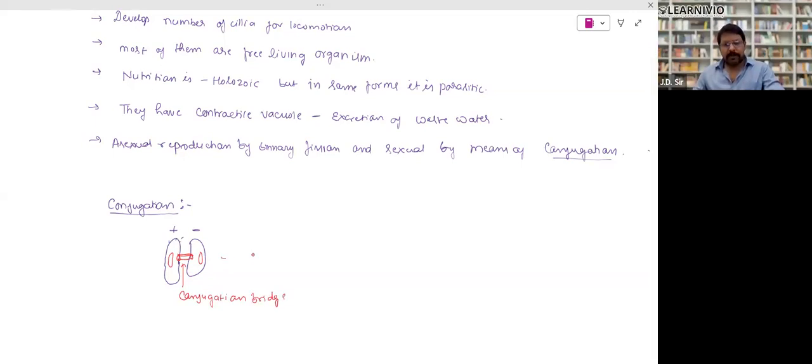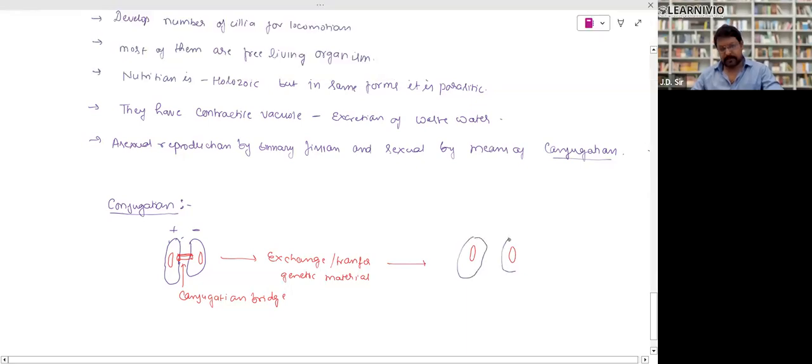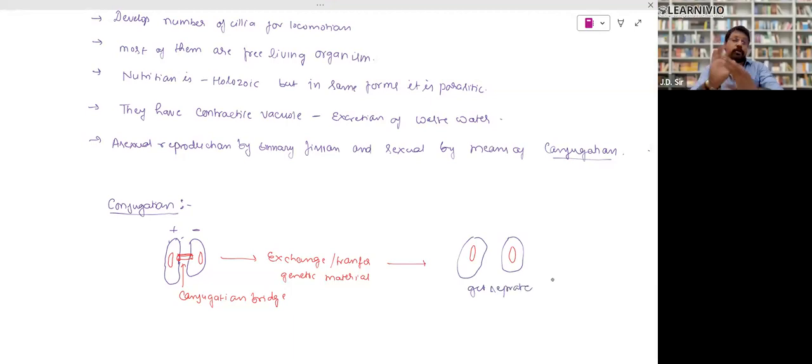With the help of the conjugation bridge, they exchange or transfer genetic material, one receives and one gives. After exchanging genetic material, they separate. This is called sexual reproduction. This process is called conjugation. Is that clear? This is also found in bacteria as well.